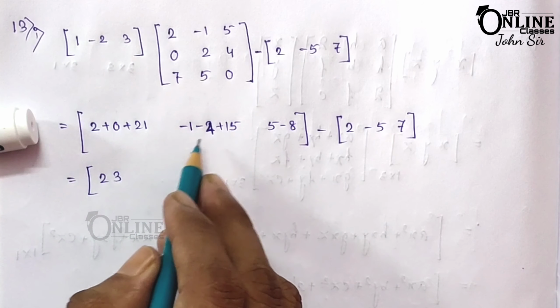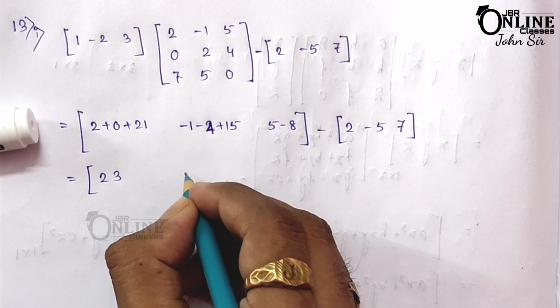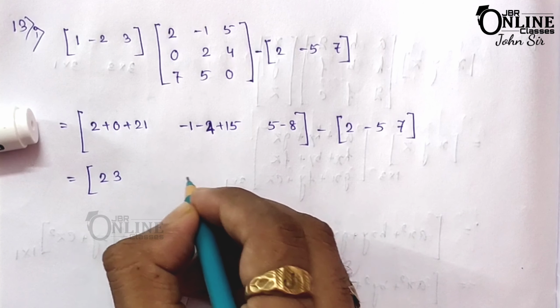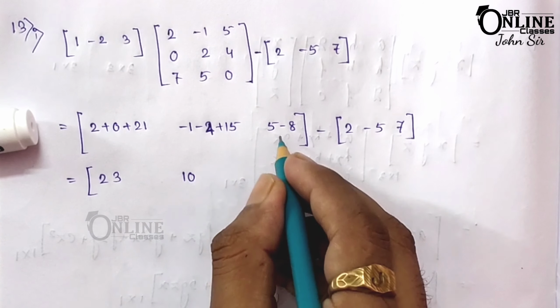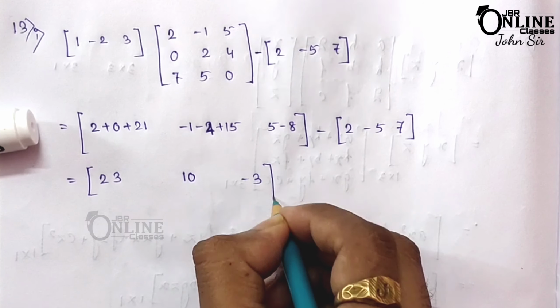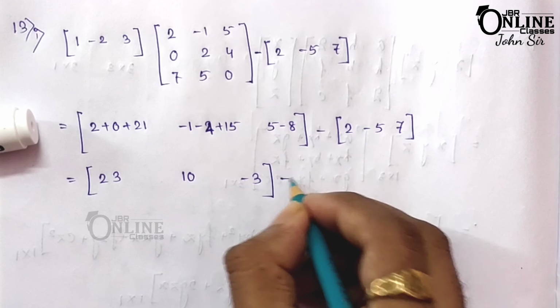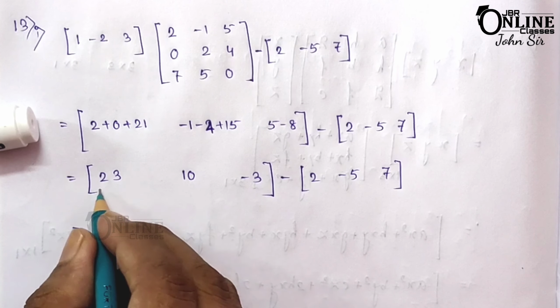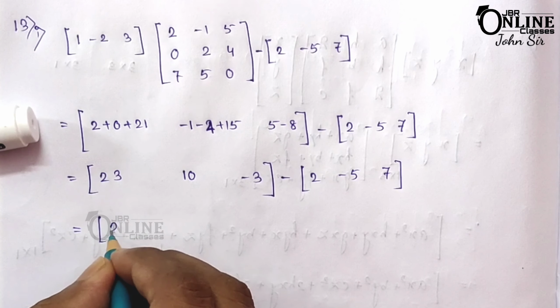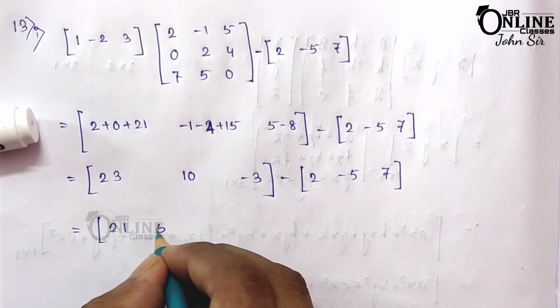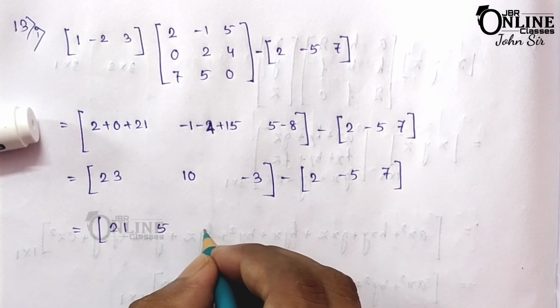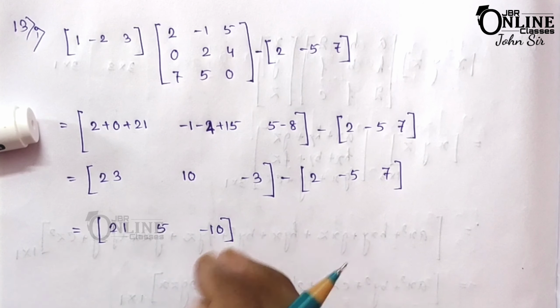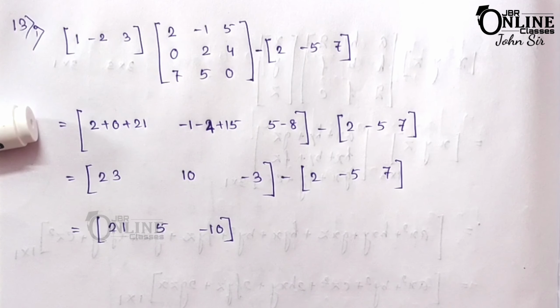So here 2 into 2 minus 4, so it will be here plus 15 minus 5, so that will be 10, and the third one will be minus 3. Okay, and then 23 minus 2, that equal to 21, 10 minus 5, that equal to 5, minus 3 minus 7, that equal to minus 10. So that is your answer.